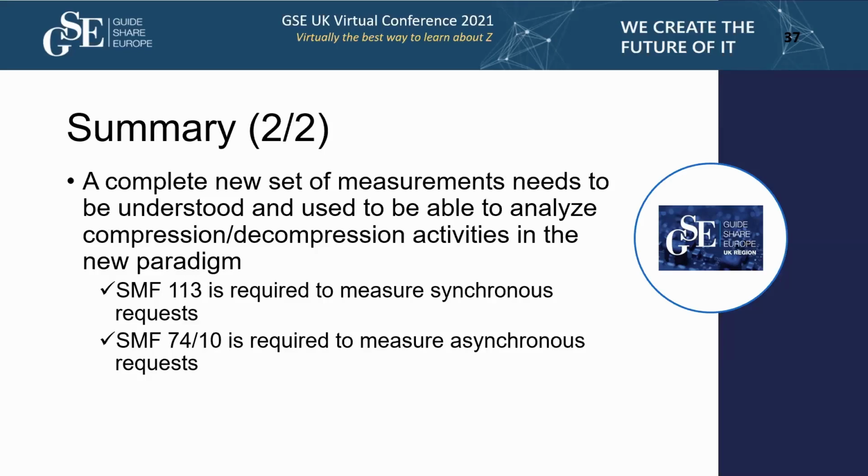You need to analyze SMF 113 because it is needed to measure synchronous requests, and as we saw, it can also be used to understand how much of the CPU and zIIP usage in your system is derived from the compression and decompression activity. Also, for the asynchronous requests, there is a new subtype of SMF74, so you should not use subtype 9 anymore, but you have to use the new subtype 10 records.